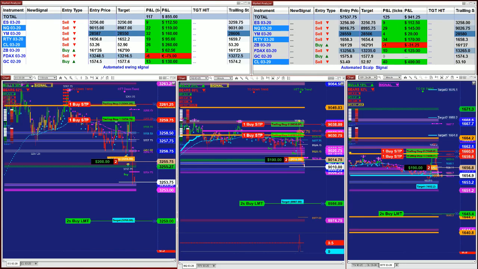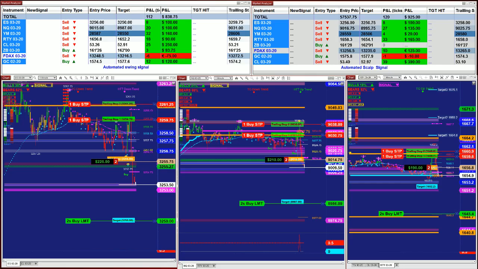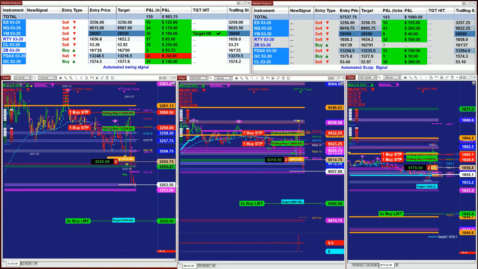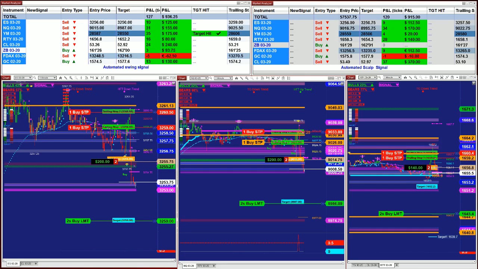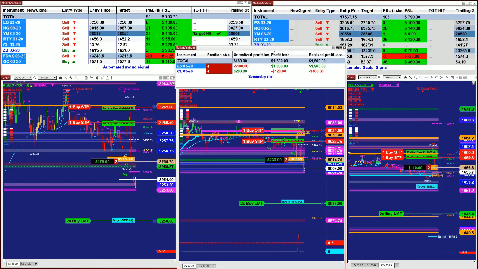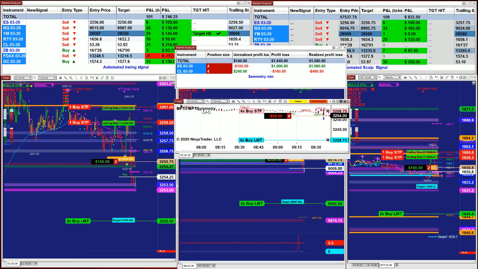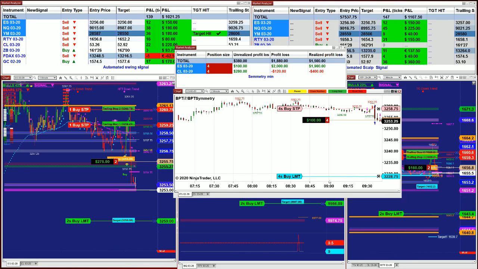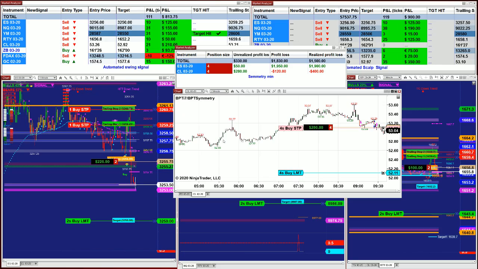This is one of the ones a lot of guys are looking after, and it just took a trade, and this is a fully automated trade, and we already nailed $1,900 on it.